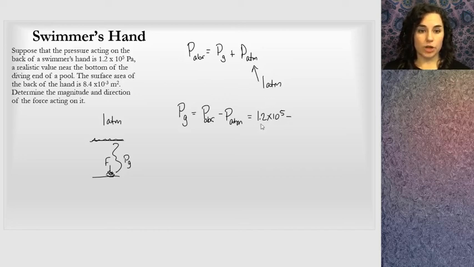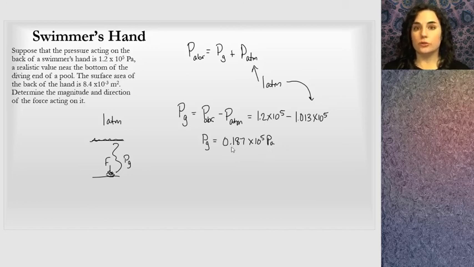Then I'm going to subtract off 1 atmosphere pressure, right? 1 atmosphere pressure is 1.013 times 10 to the 5th pascals. So I'm seeing that gauge pressure is 0.187 times 10 to the 5th pascals. You can reduce this to a different scientific notation or what you like there, but I'm going to leave it like this for now because I'm not really interested in this number.